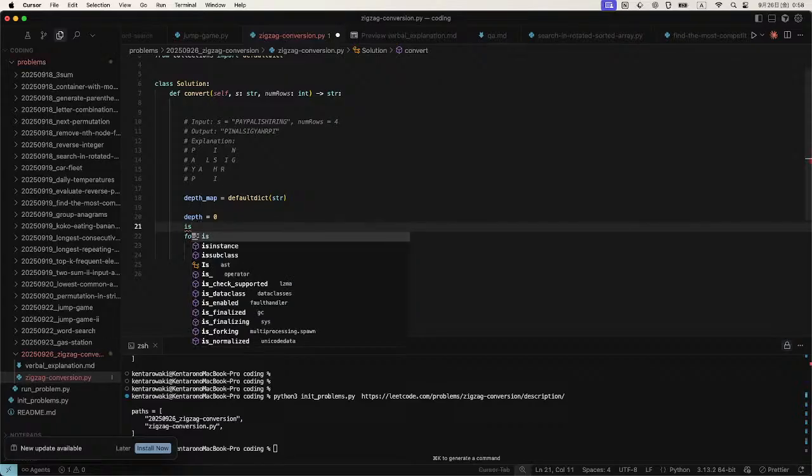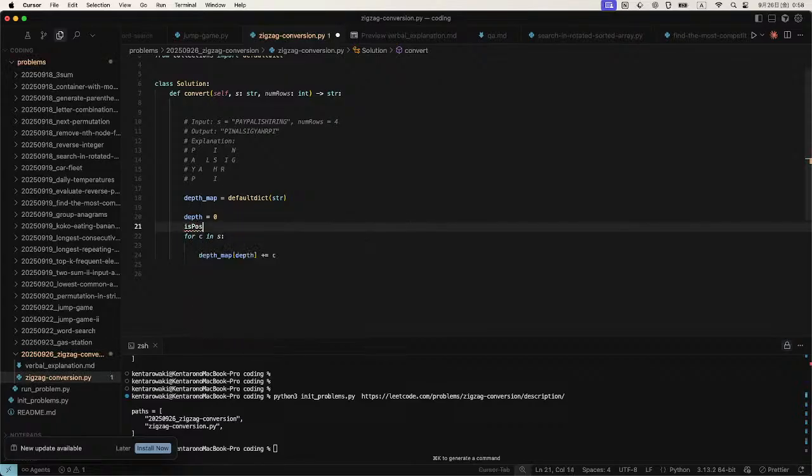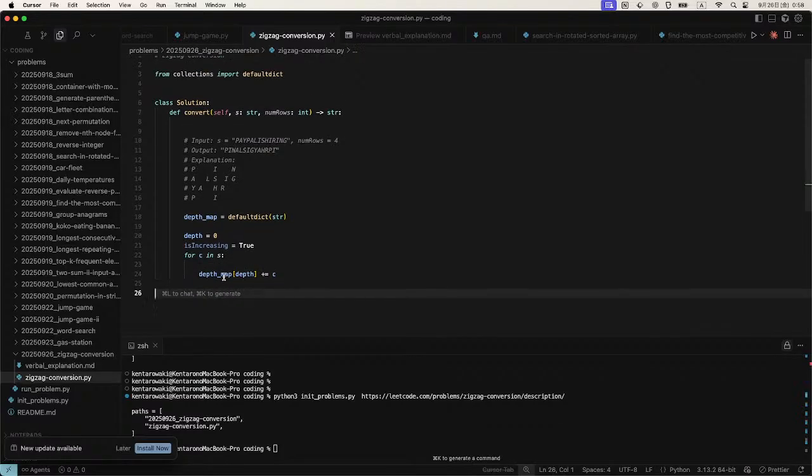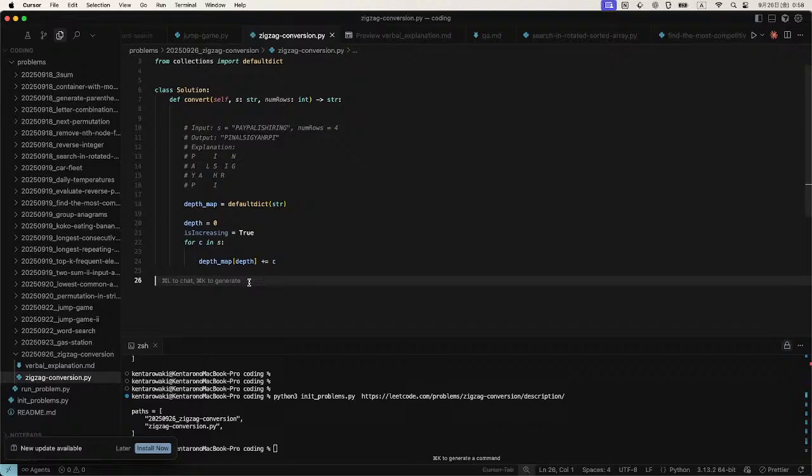So I prepare the flag is increasing is true.